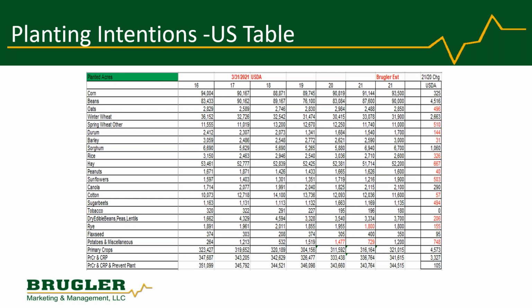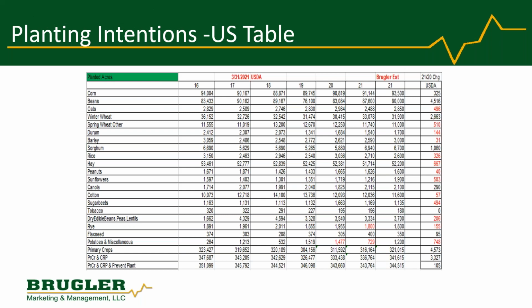But if you go back to the 16, 17, and 18 columns, which is the reason I have them on here, you'll see that in more normal conditions, we plant 319 to 323 million acres of primary crops. USDA's intentions report only captured 316 million for this year.